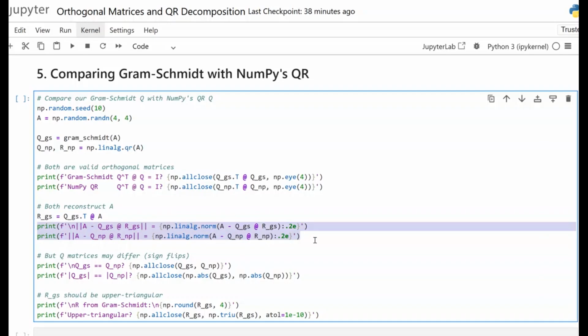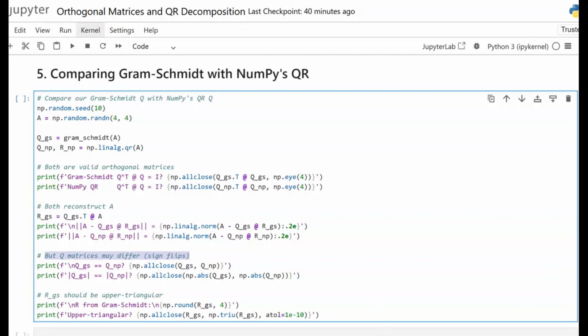Towards the error comparison, we expect a small value. Both errors are near machine precision, which confirms both decompositions are correct. And by using the allclose method, we are going to compare the Q matrices.